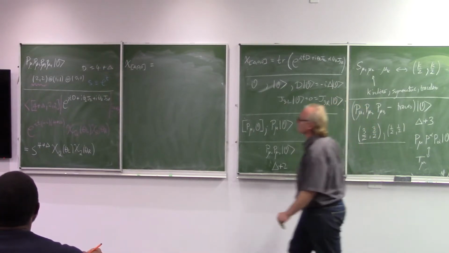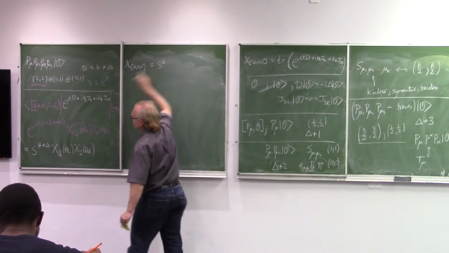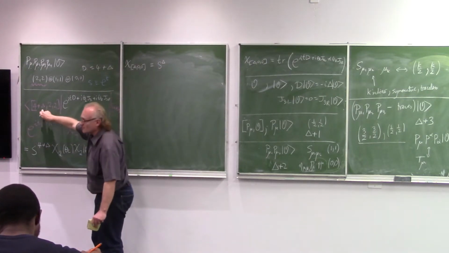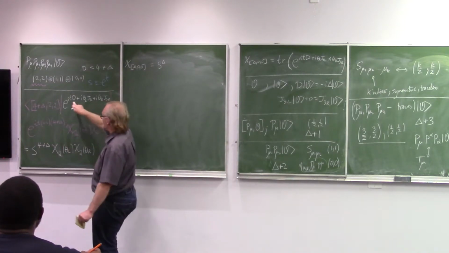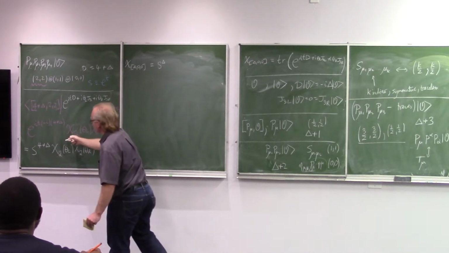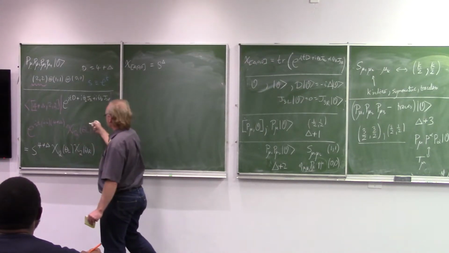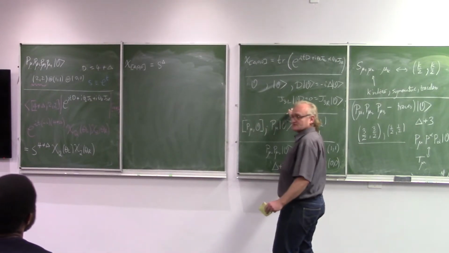So the contribution I will get will be S to the delta. You see here my dimension was 4 plus delta, so delta just gets plugged in there as the exponent of S, because it picks up the eigenvalue. And then I'll pick up the character for the left spin and the character for the right spin.